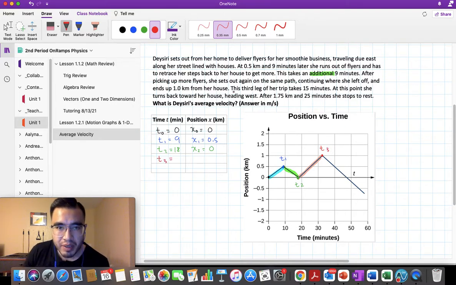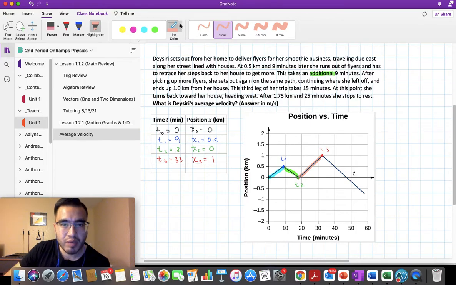So time 3, it took 15 more minutes. So we have 15 plus 18. That would be 33. And x3 would be at 1 kilometer from her house. So 1.